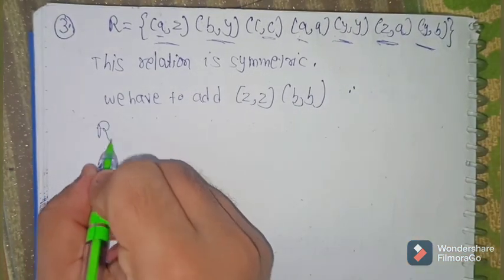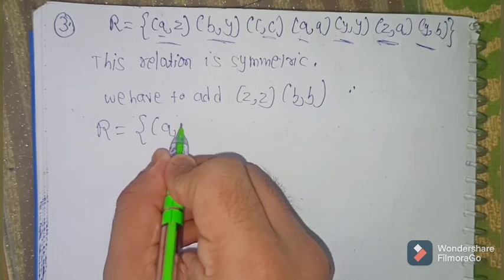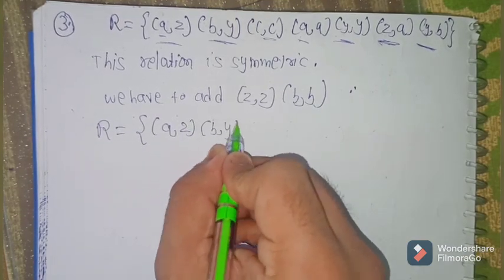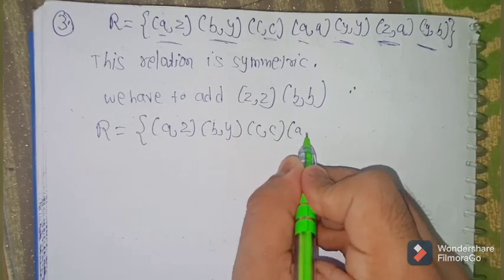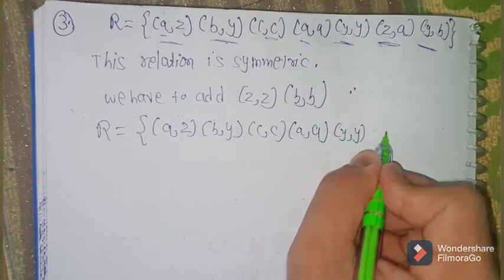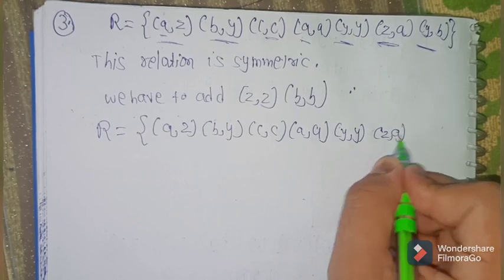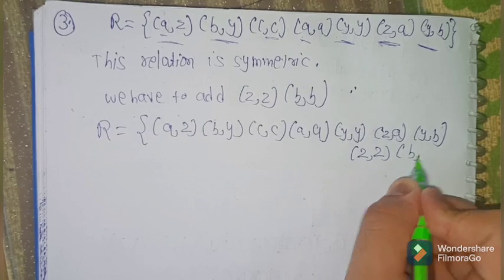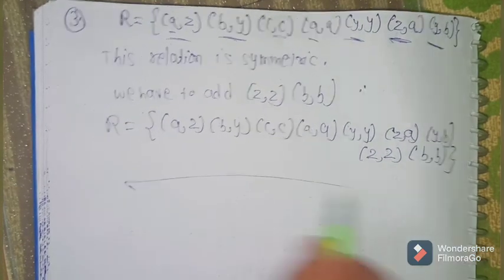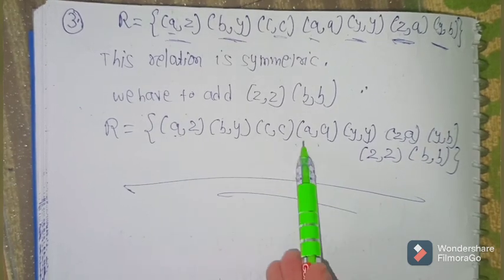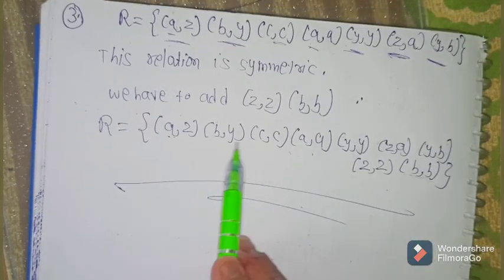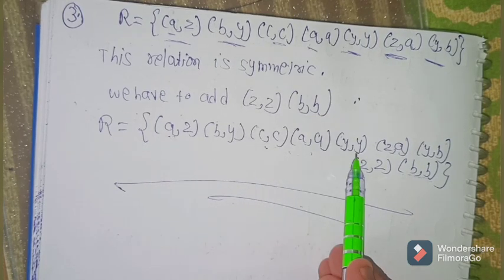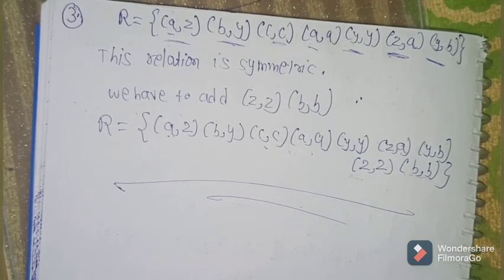If we add these, we will get AZ, BY, CC, AA, YY, ZZ, ZA, YB, ZZ, BB. Now this relation is reflexive because A has a relation with A, B with B, C with C, Y with Y and Z with Z. So this relation is a reflexive relation as well as a symmetric relation.